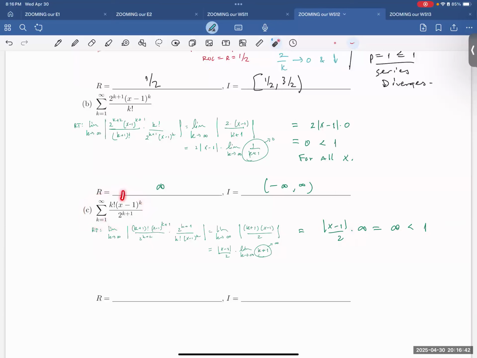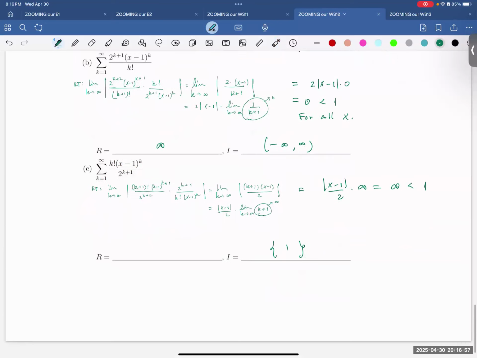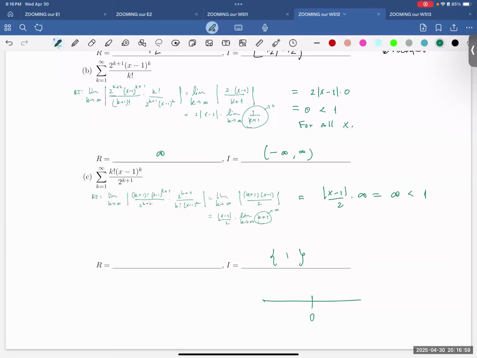If x were equal to 1, then this would be 0, and we'd have a bunch of zeros, and that series would converge to 0. So our interval of convergence is the single value 1. If you look at that on a number line, here's 0, here's 1. That's our interval, which means there's no length to it, and so our radius is nothing.